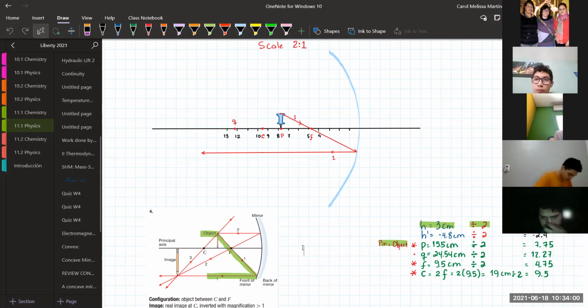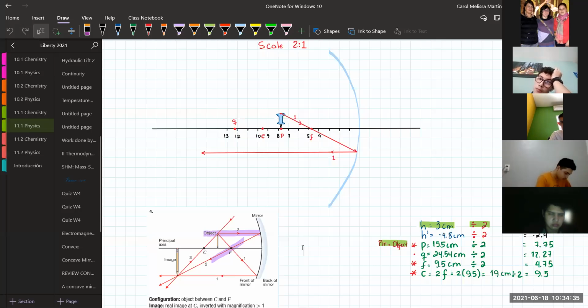Now, these arrows represent how the light ray is working. First it does the reflection against the mirror, and then the mirror makes the projection of the reflection in this direction. That's what it means. Now the second ray comes straight horizontal from the top of the object, touching the mirror, and then coming back, passing through the focal point.